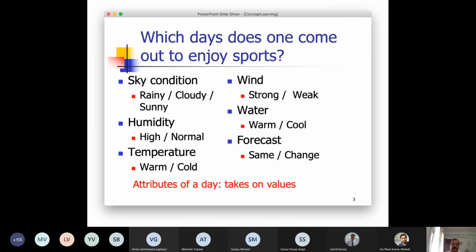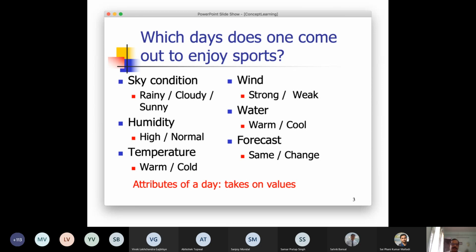There are different attributes of the day that are your input to this task. Based on those attribute values, you have to predict whether the day is good for enjoying sports or not.